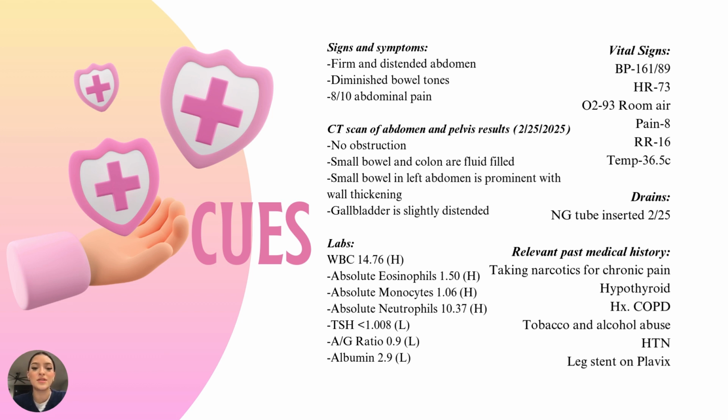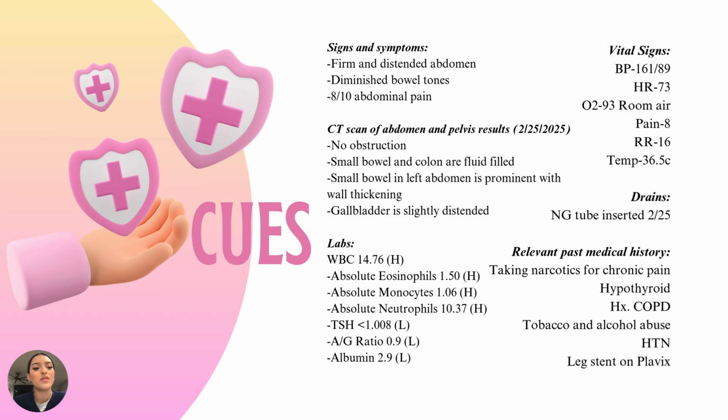For his labs, he did have a high white blood cell count, which could indicate maybe an infection, but they didn't find anything with that. His TSH was low, his A/G ratio was low, and his albumin was low, which I'll talk about later. So his NG tube was inserted pretty immediately to try to get off that distension and firmness in his abdomen.